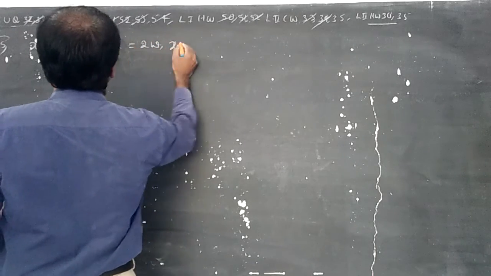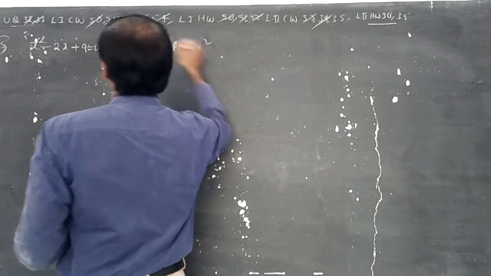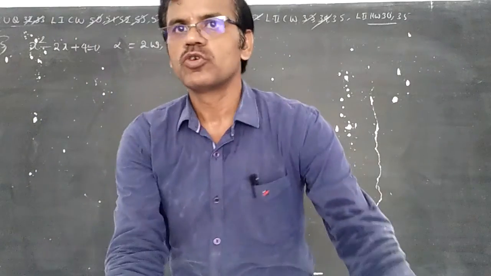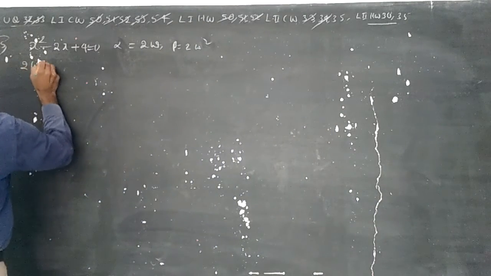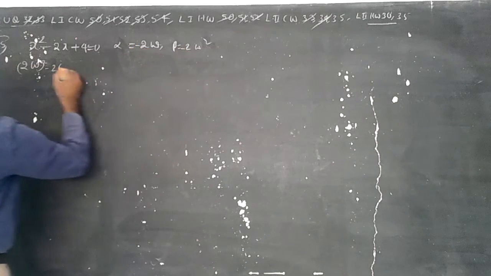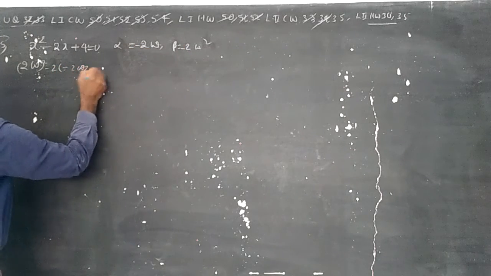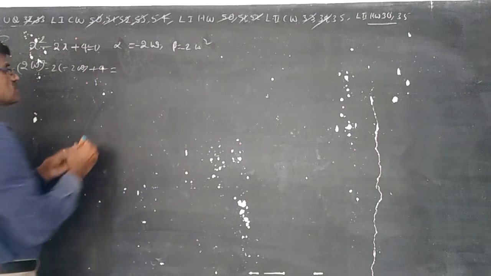So alpha is equal to 2 omega and beta is equal to 2 omega square. Substitute here 2 omega whole square minus 2 into 2 omega plus 4, that is 4 omega square plus 4 omega plus 4.